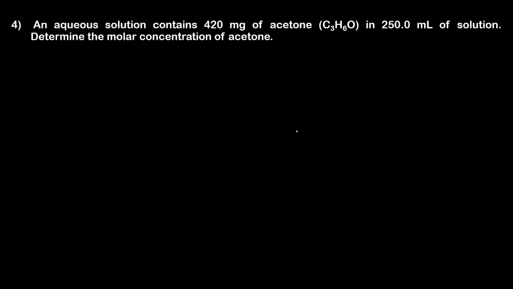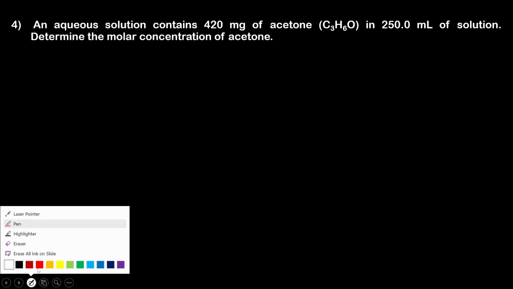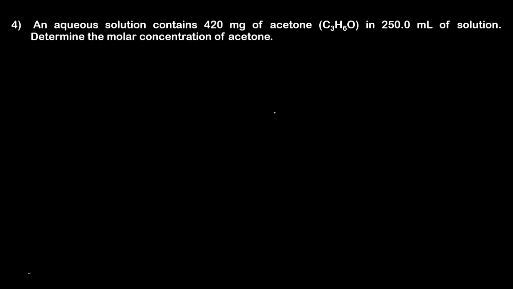Next, an aqueous solution contains 420 milligrams of acetone in 250 ml of solution. Determine the molar concentration of acetone. Okay, like the previous question, we were given the mass, but this time it's in different units, in milligrams, right? And the volume as well is in a different unit, in ml.